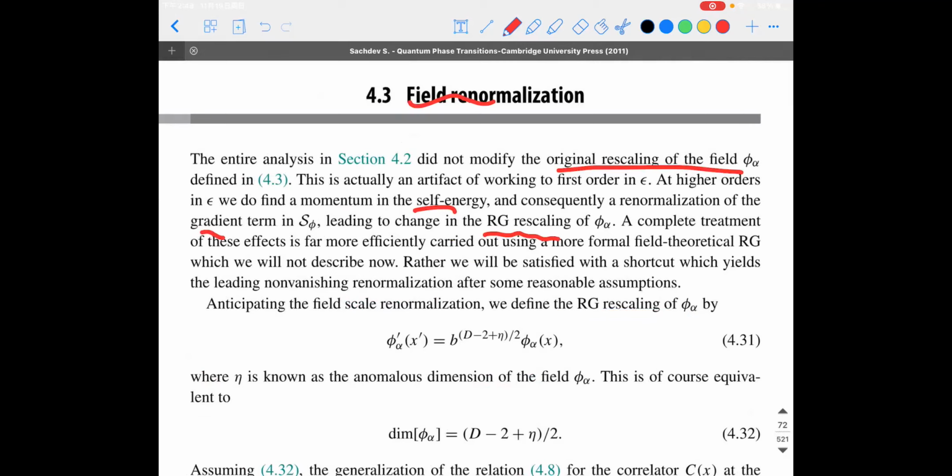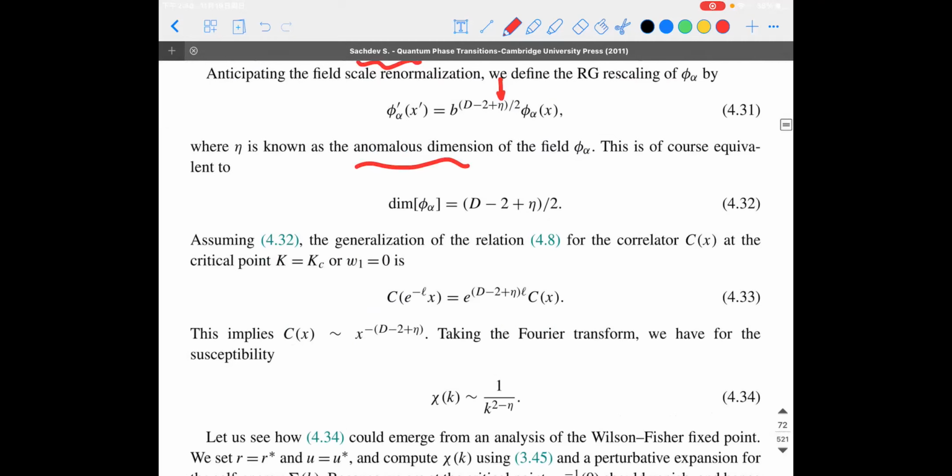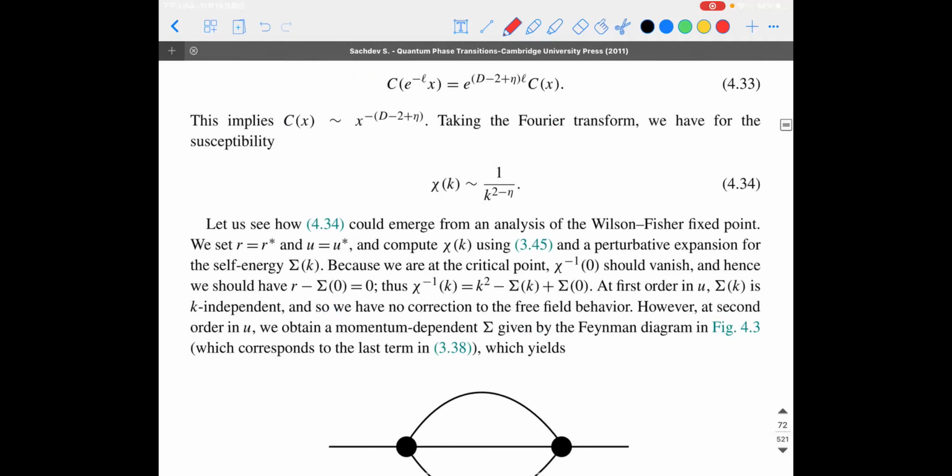So the normalization of the field will be changed by the anomalous dimension. Okay, great. Then how can we calculate it? Yes, I think, no, we cannot get it directly.